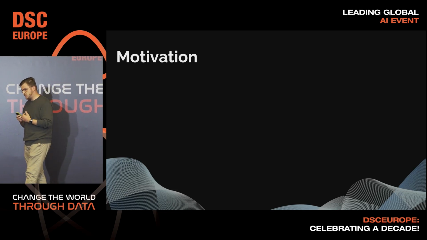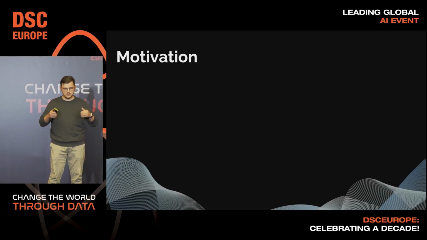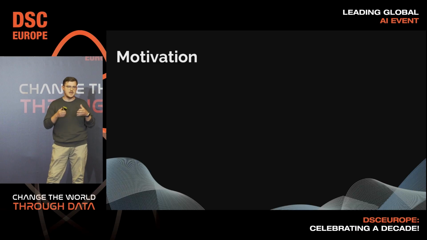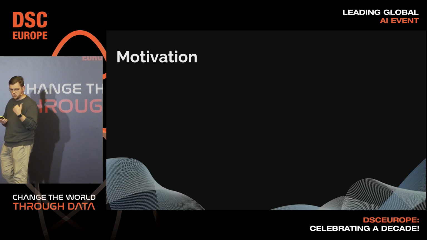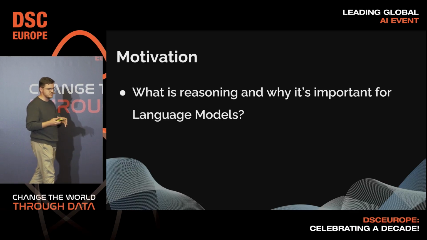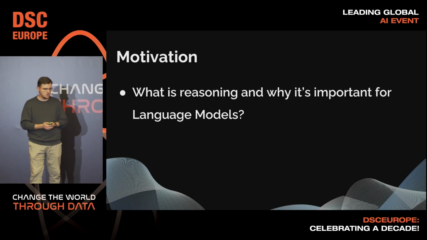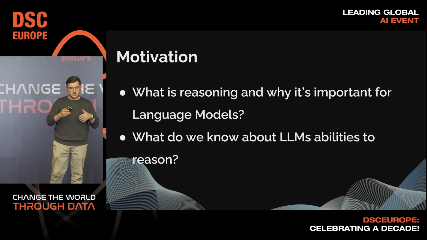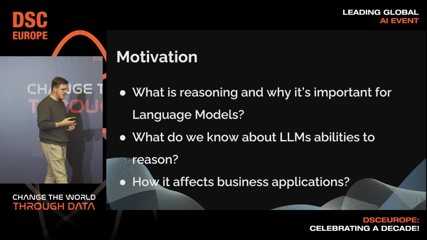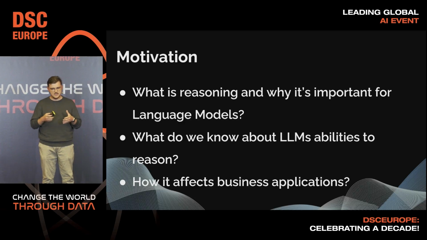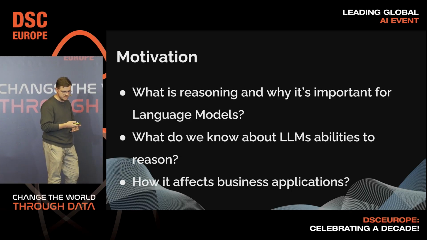So I hope that now is a perfect time to stop and talk about how reasoning actually works in language models and what we know about it, and answer three questions. The first one: what is reasoning and why is it important for language models? Quite basic and formal question among the three. The next one is: what do we actually know about LLM abilities to reason? And the last one: how does it affect our decisions when we try to build LLM-based applications?